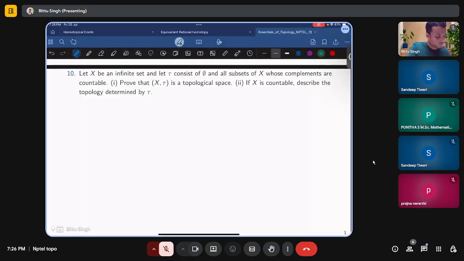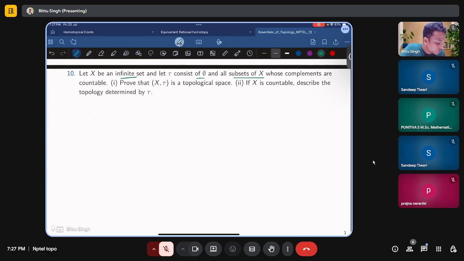Okay. So X is an infinite set here, and tau contains the empty set and all subsets of X whose complements are countable.